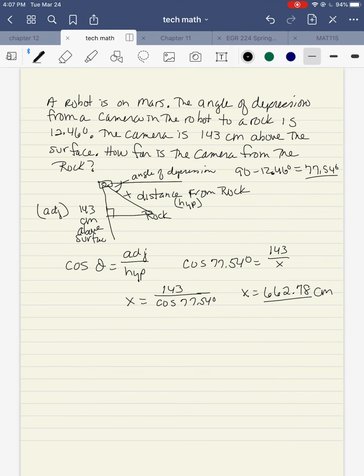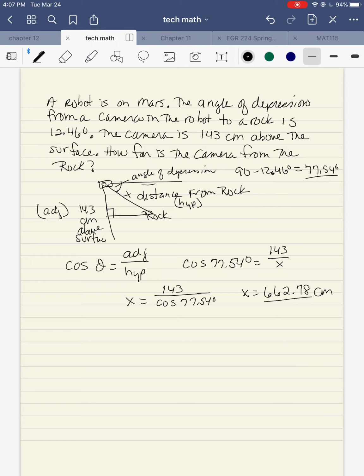As an example, a robot is on Mars. The angle of depression from a camera in the robot to a rock is 12.46 degrees. The camera is 143 centimeters above the surface. How far is the camera from the rock?